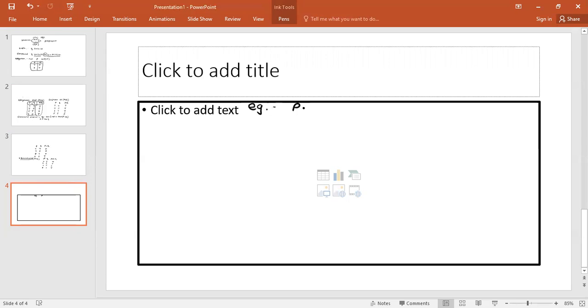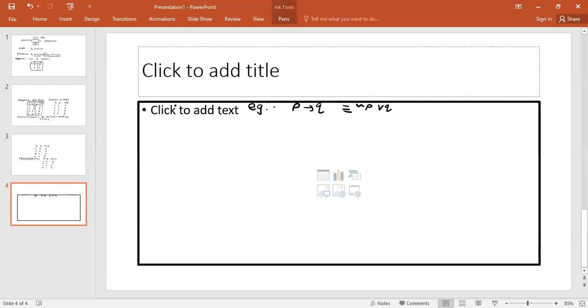Like P conditional Q is equivalent to not P and Q conjunction, right? So we will check whether it is equivalent.